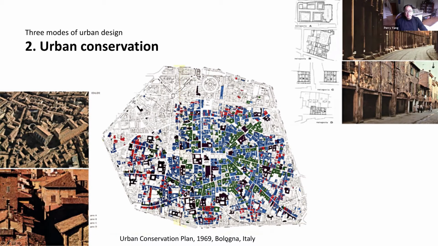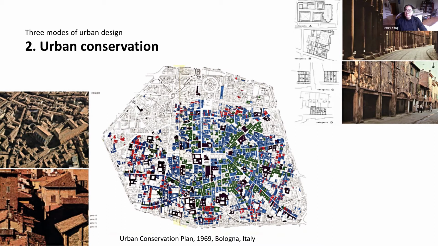And the second mode of urban design that Kevin Lynch defined is urban conservation. So you can see Bologna, Italy, this beautiful historical town. There are some qualities of the city that are simply not designable. Those qualities are produced over time in history. So they are not designable. The designer cannot produce the same quality with the new materials we have today.